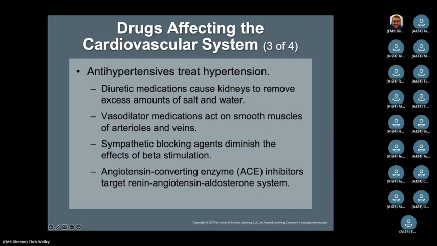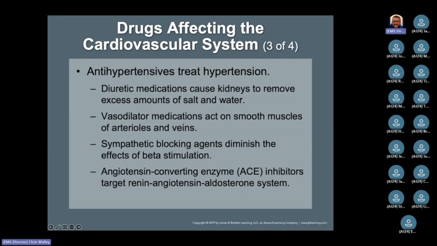The diuretic medications, we know that this does cause our kidneys to remove an excessive amount of salt and water from our bodies. It does reduce the stress placed on our cardiovascular system by lowering the total amount of fluid within our body. So it lowers the preload on the heart and decreases the stroke volume, amazing.